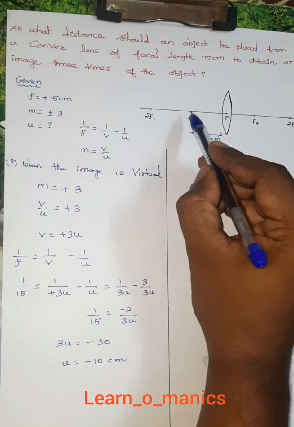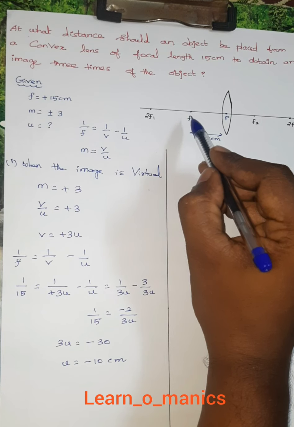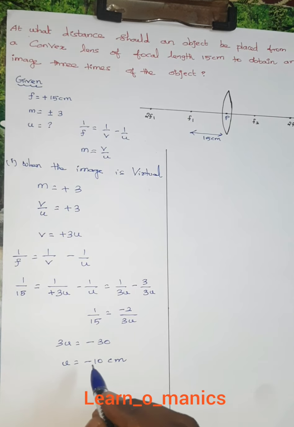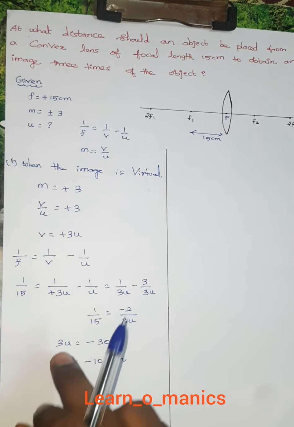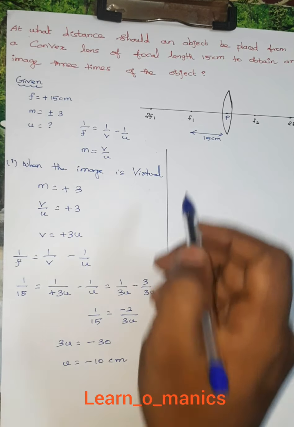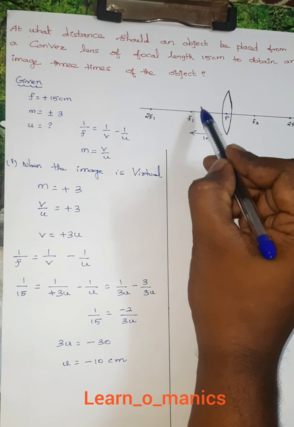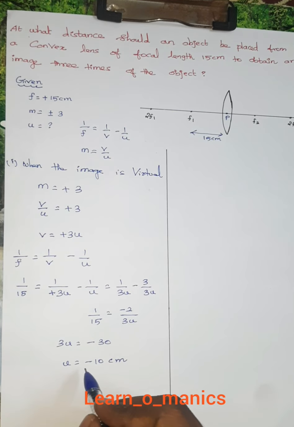For that the object distance must be less than 15 centimeter. So let me check it. Here it is 10 centimeter, 10 is less than 15, and that means whatever I solved was correct. And the object is on the left hand side, that's why minus came, as per the sign conventions, right.